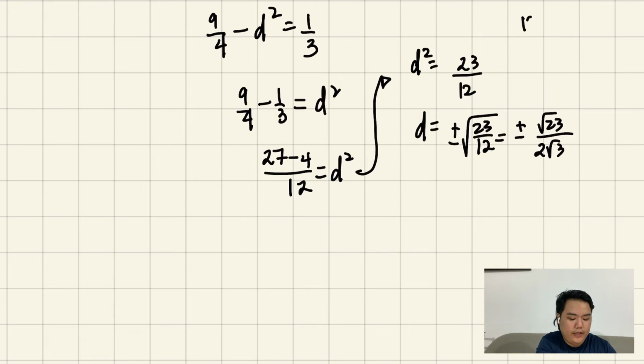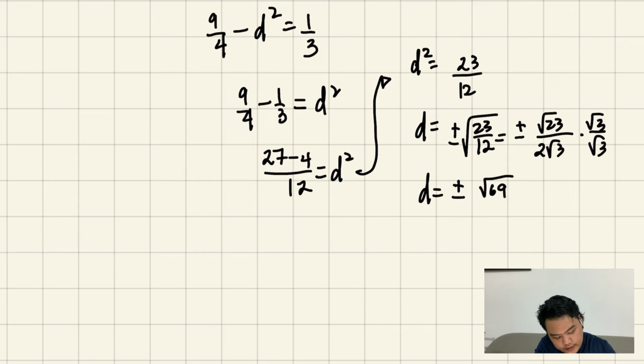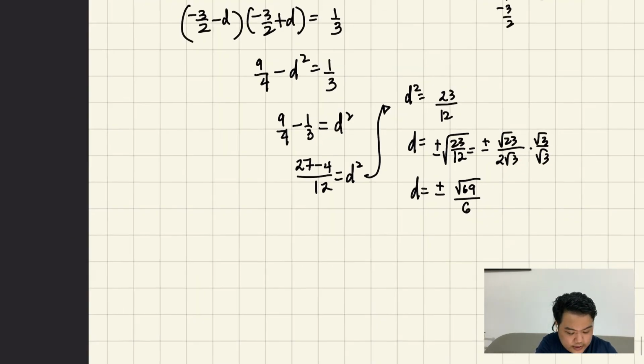Kasi 12 is 3 times 4. Pag in-square root mo, lalabas yung 2. Pwede mo naman i-rationalize yan. Sige, kung gusto nyo nag-rationalize. So, d is plus minus square root ng 69 over 3 times 2, 6. Yan na yung d natin.